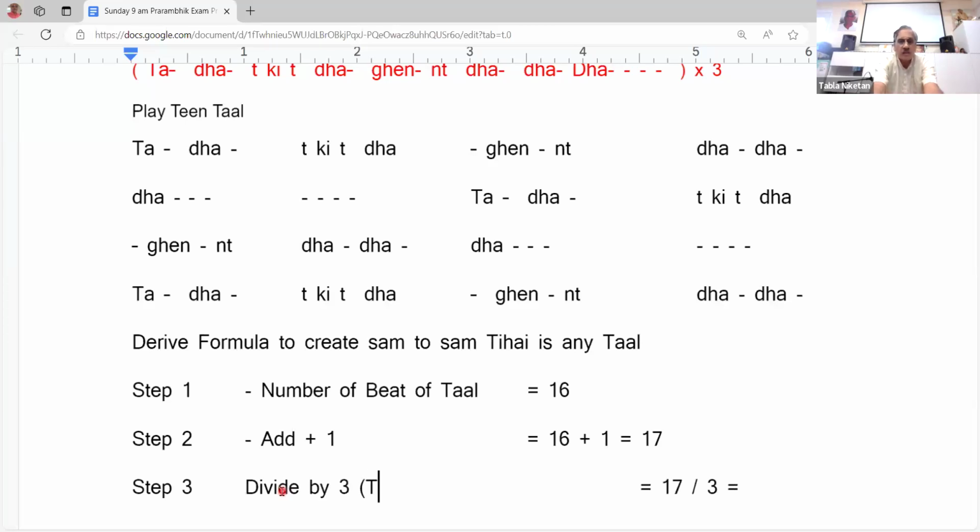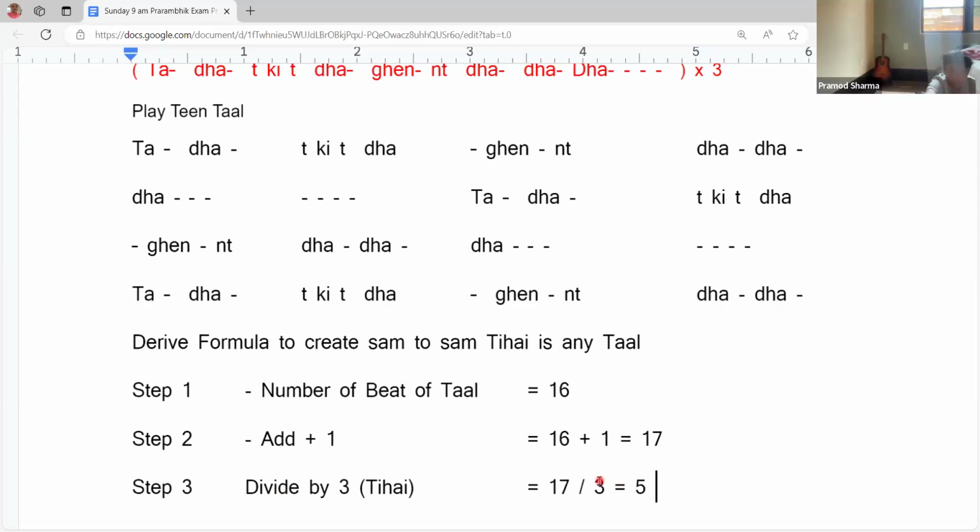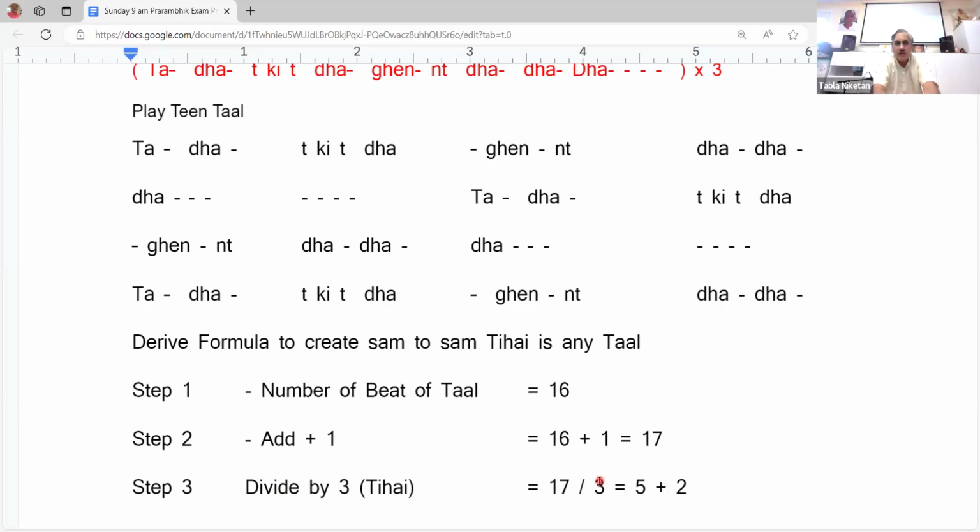TI stands for 3, right? So if you do 17 divided by 3, how much is the integer and how much is the remainder? 5 integer, 2 remainder.